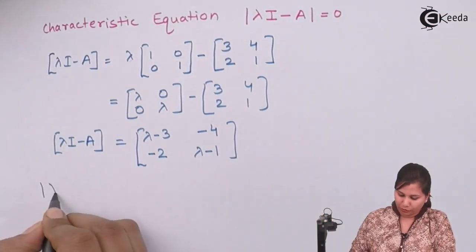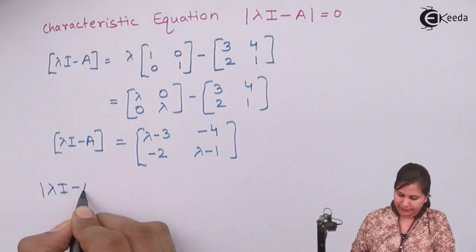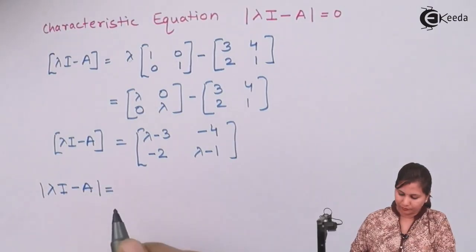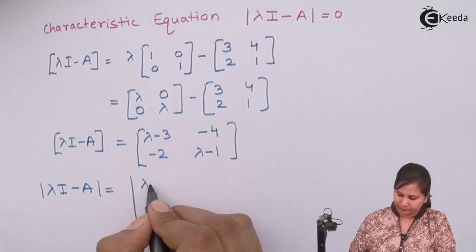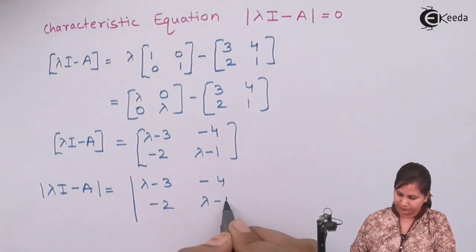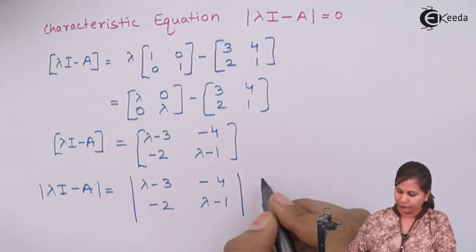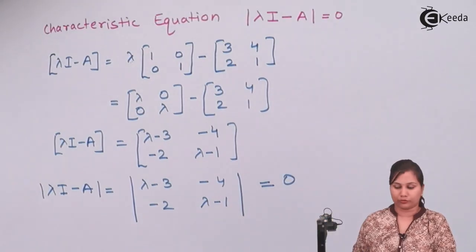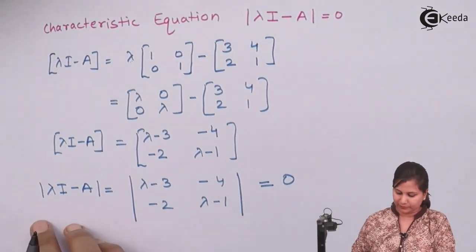So the determinant of lambda I minus A we equate to 0. Let's calculate this determinant.